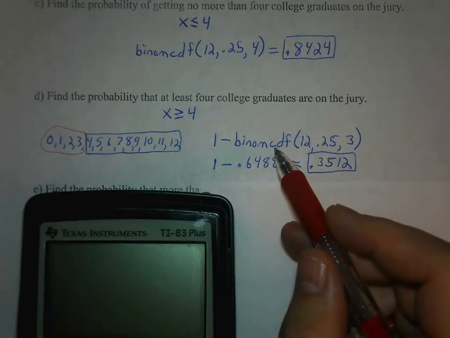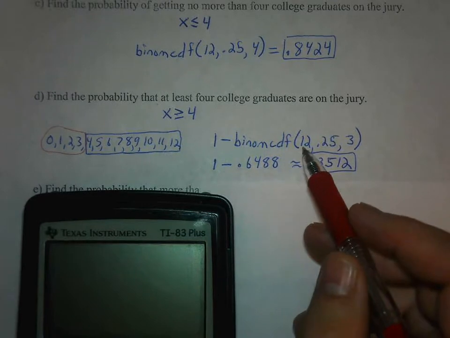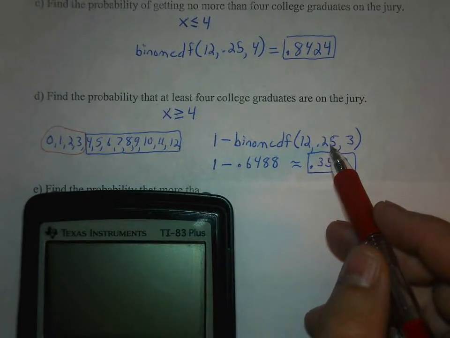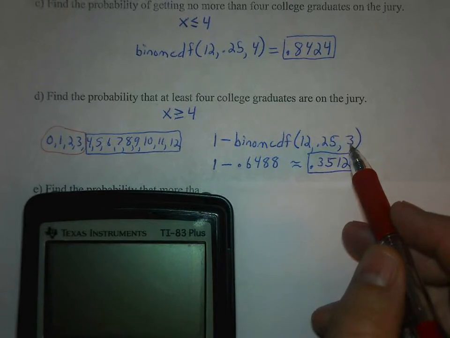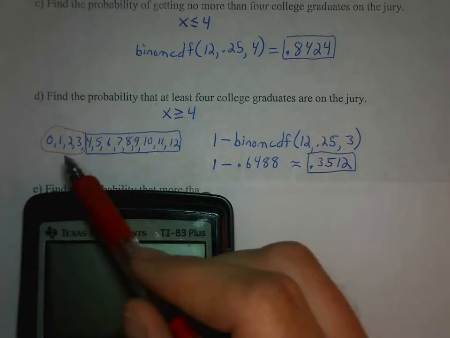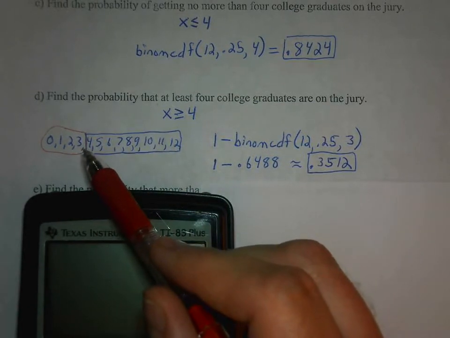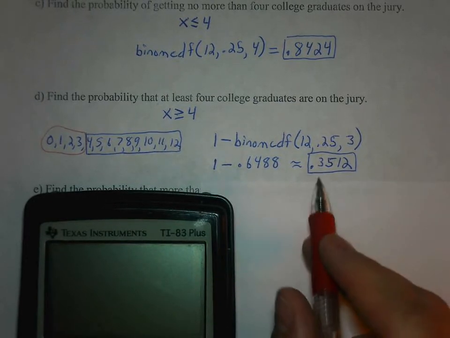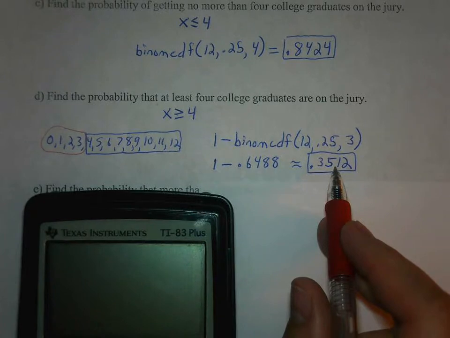Notice the binomial CDF that I'm doing here. We have 12 jurors, 0.25 probability of success, and 3 that we're going to end at. So that'll find the probability from 0 through 3. To find the remaining probability, you subtract that answer from 1. And you end up with 0.3512.